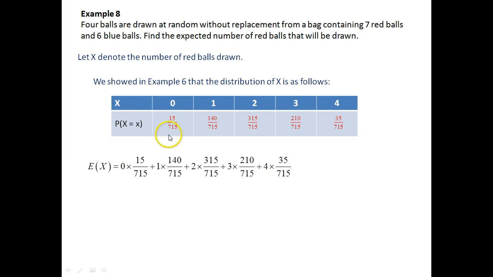So 0 multiplied by 15 over 715, 1 multiplied by 140 over 715, and so on. And we get 1540 over 715, which cancels down to 28 over 13, which becomes 2 and a bit. So our mean is in there somewhere. They're discrete, so you only have whole number values anyway.